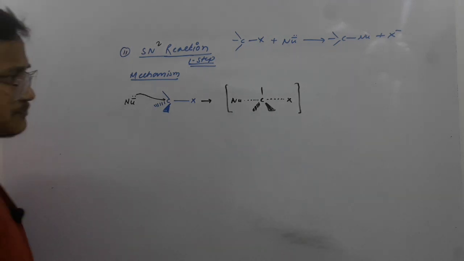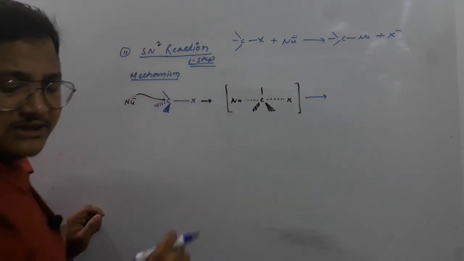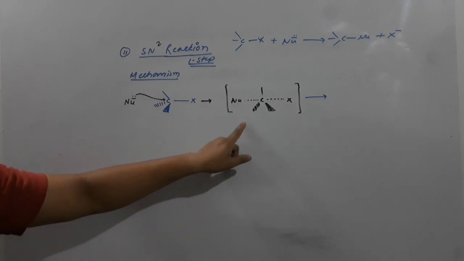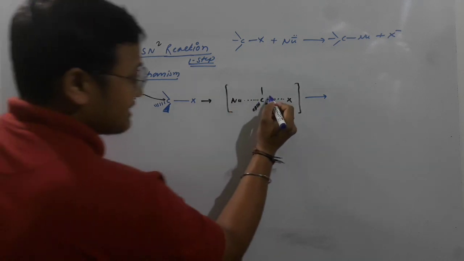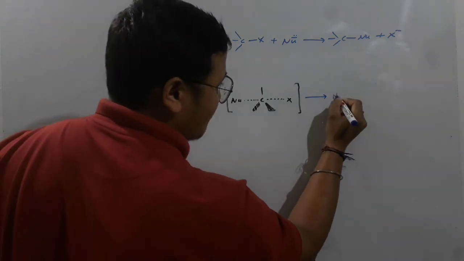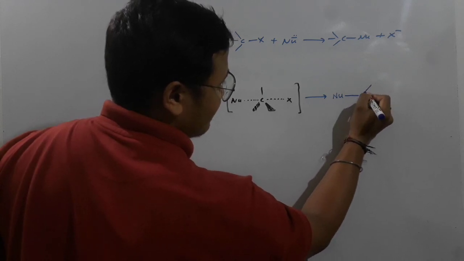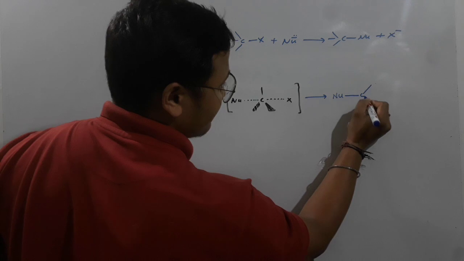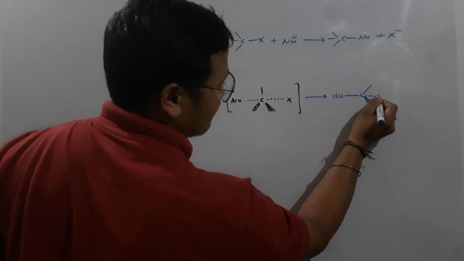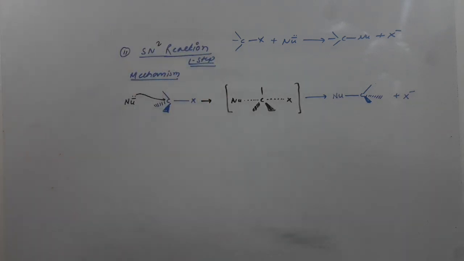Once this carbon nucleophile bond is completely formed, this halogen will be removed from here. And once it is removed, we will have a different configuration and it will look like this. We will have this configuration and our structure will look like that.